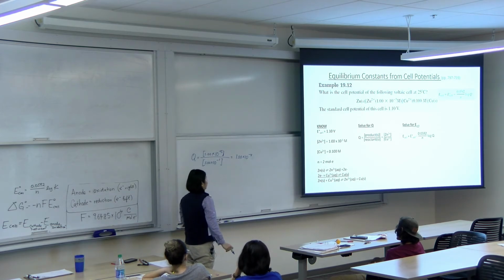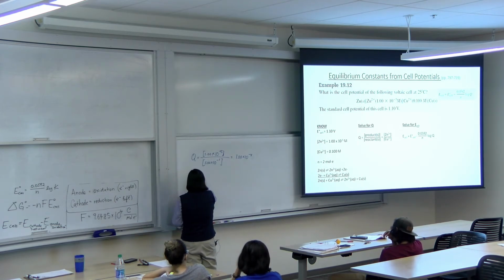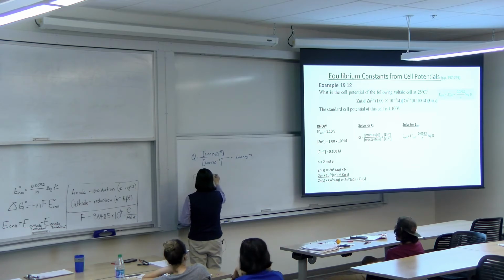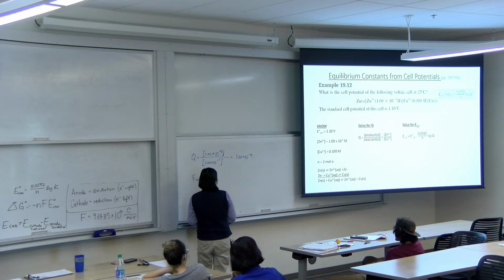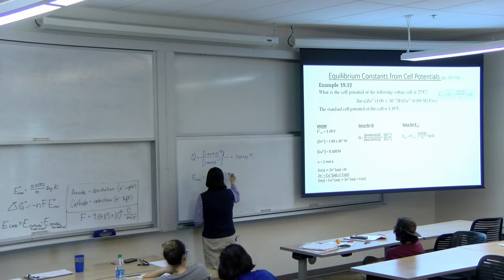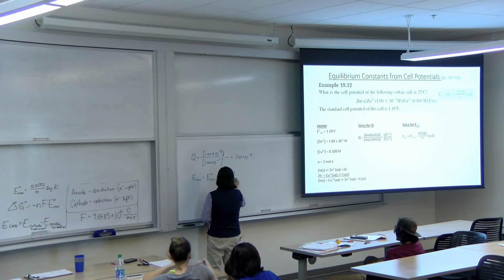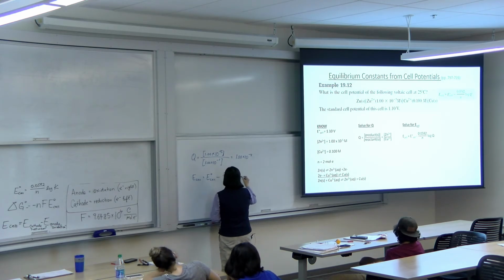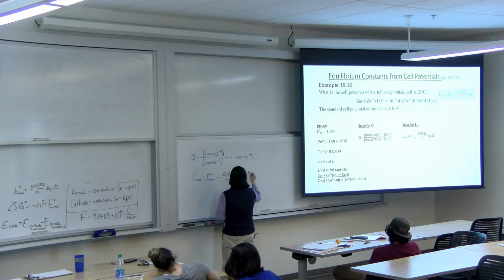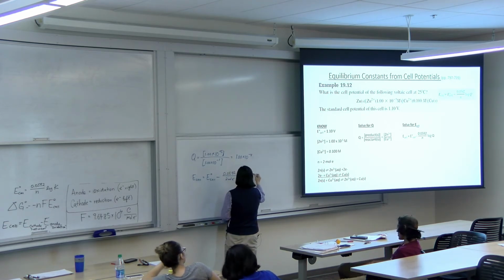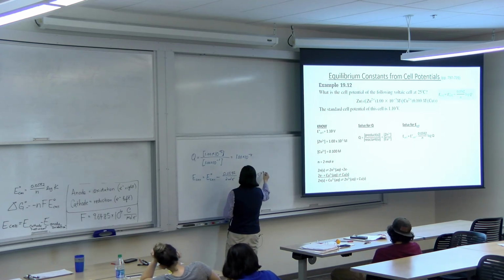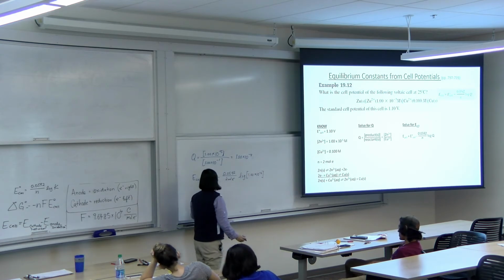To solve for E cell, I will need E cell standard minus 0.0592 divided by n. n is 2 moles of electrons. And I need to multiply by log of Q. Okay, how am I going to solve for E cell standard?